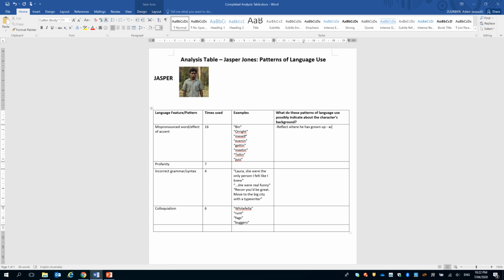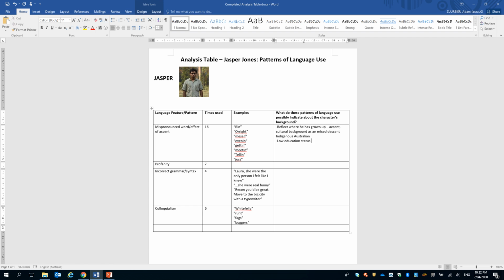Accent, cultural background as an Indigenous Australian or mixed descent, Indigenous Australian. It could also reflect a low education status.